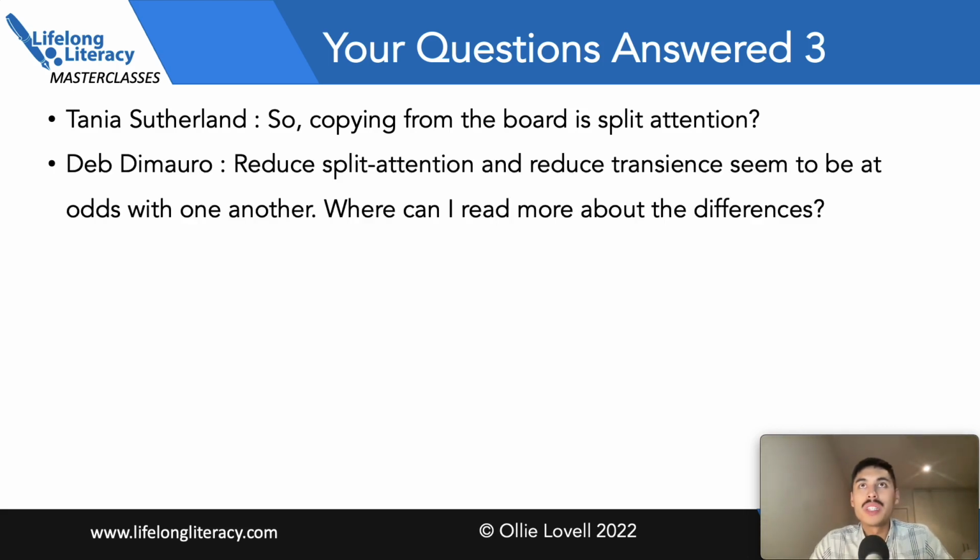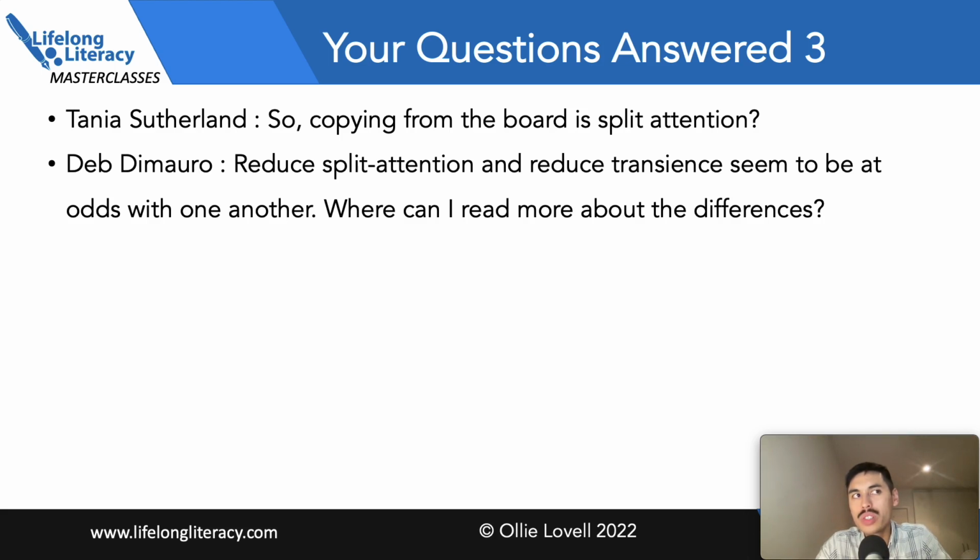Deb asks, reduced split attention, reduced transience seem to be at odds with one another. Where can I read more about the differences? I can't see that contradiction myself, unfortunately.